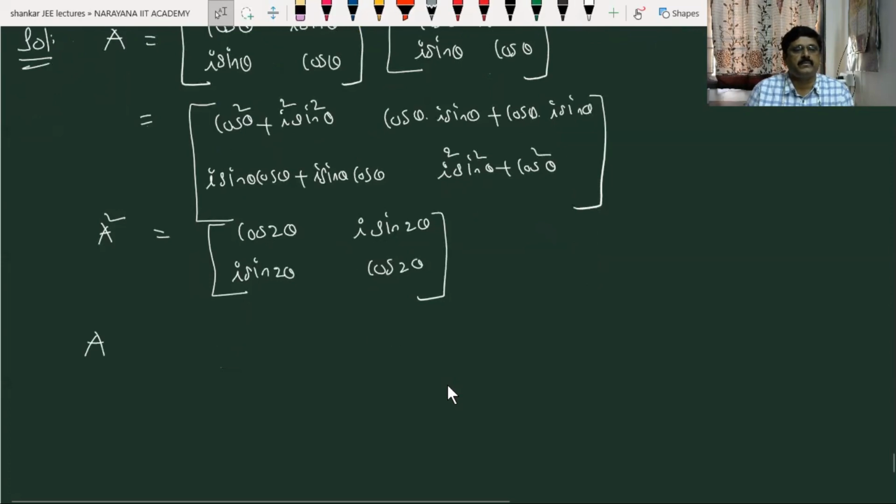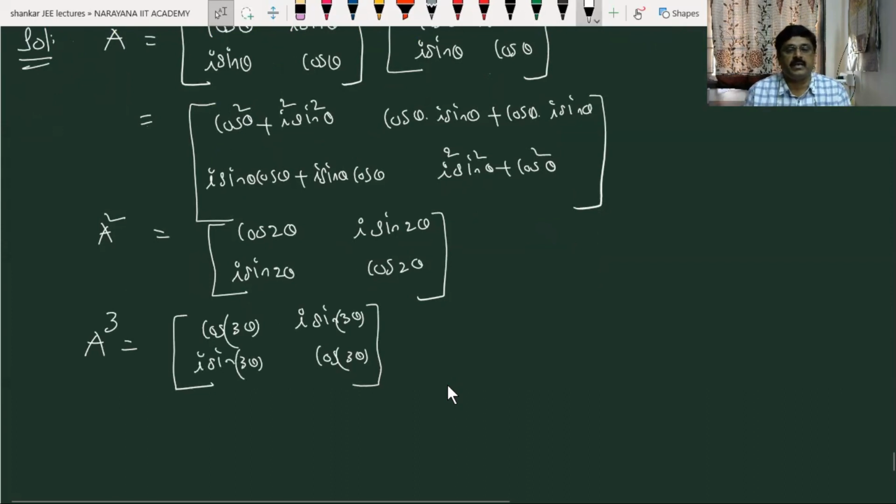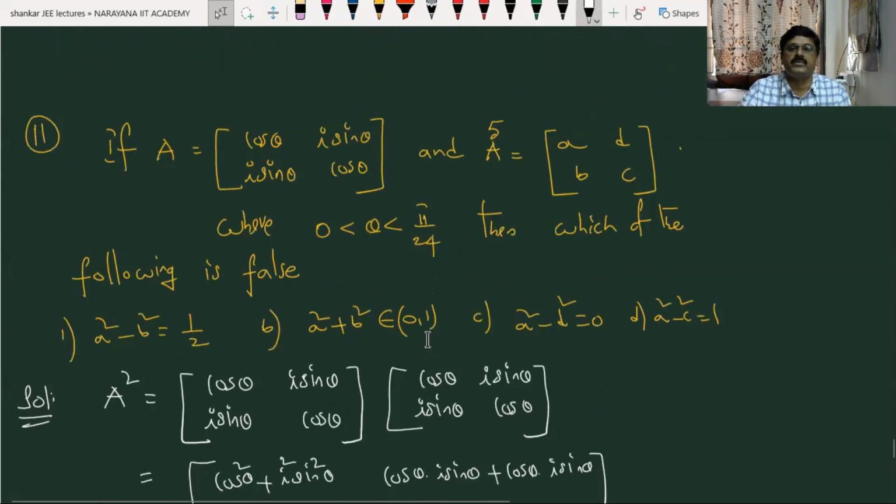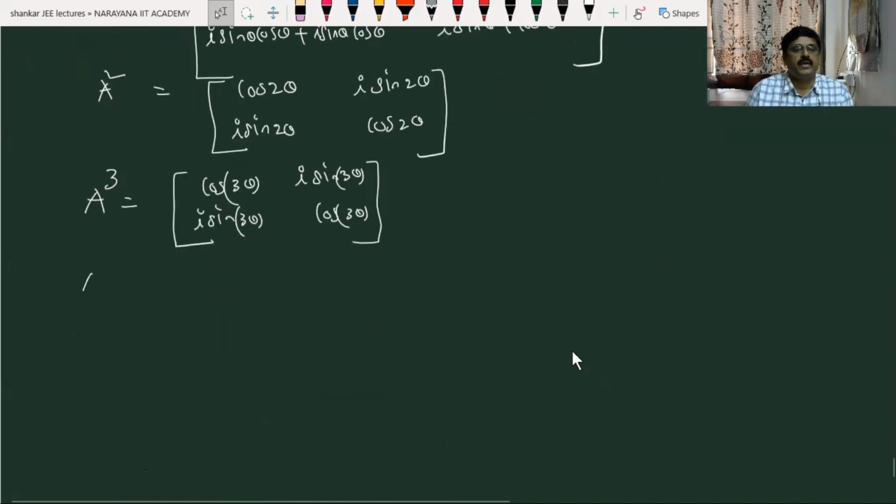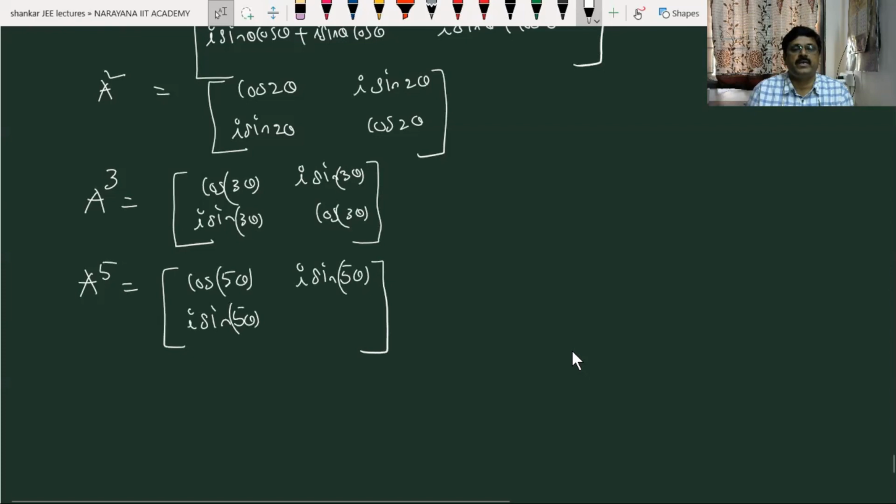Continuing the same trend, A cube will be [cos 3 theta, i sin 3 theta; i sin 3 theta, cos 3 theta]. Similarly, your question is what? A power 5, students. Therefore, A power 5 is coming as [cos of 5 theta, i sin of 5 theta; i sin of 5 theta, cos of 5 theta].